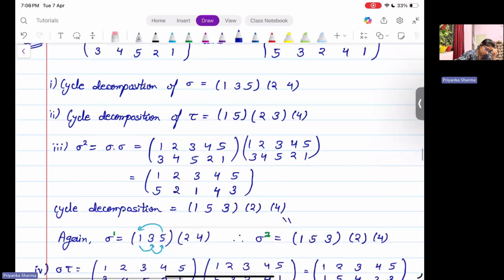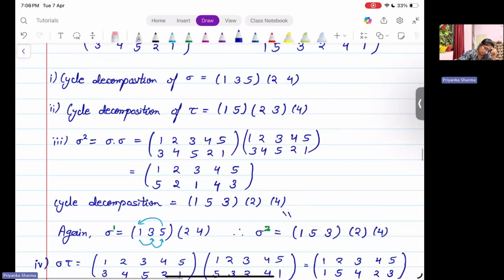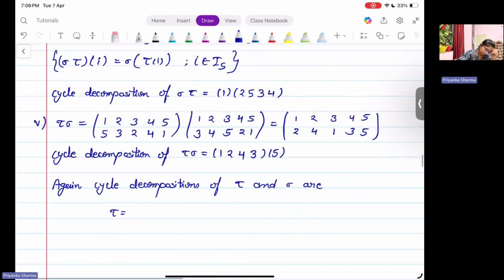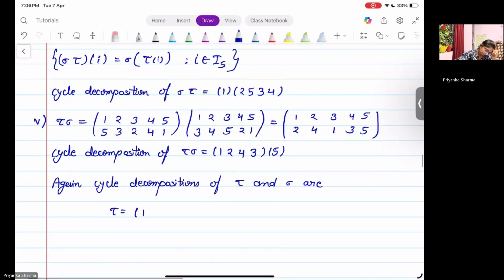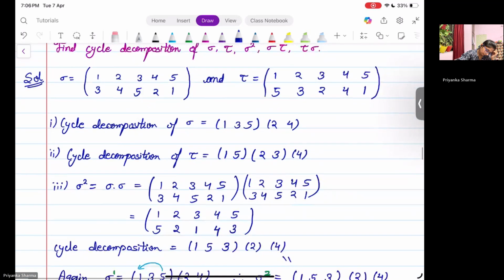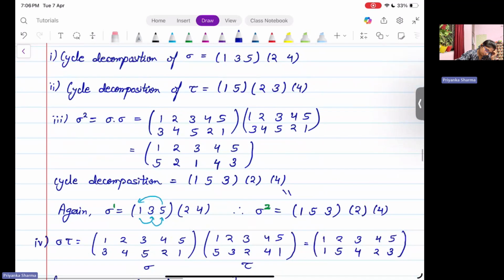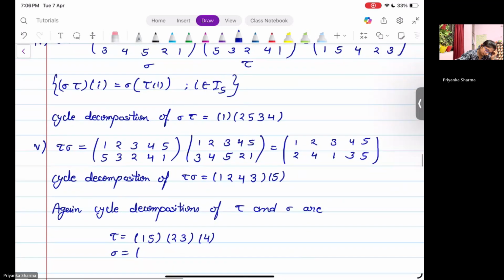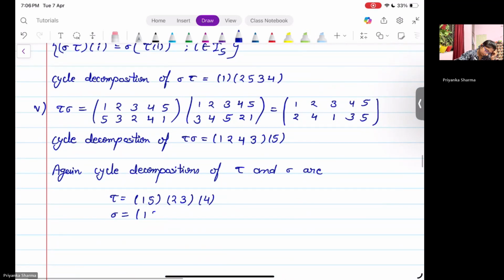Tau is 15234. What is sigma? Let me write it here. 13524. Okay.